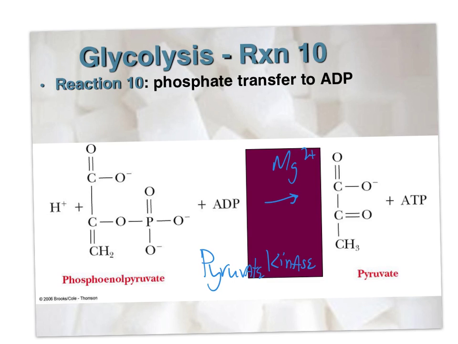I don't know if historically the way that they isolated it was going backwards in vitro or what, but it's not PEP kinase. This was pyruvate kinase. There's only very few that we need to know about where they're irreversible and they're named for the backwards reaction that doesn't really exist.